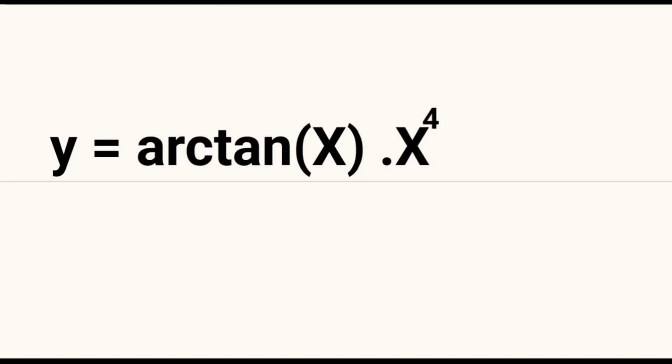For our second question, we have to differentiate y is equal to arctan of x multiplied by x raised to the power 4. Let's reintroduce the formula for the product rule.